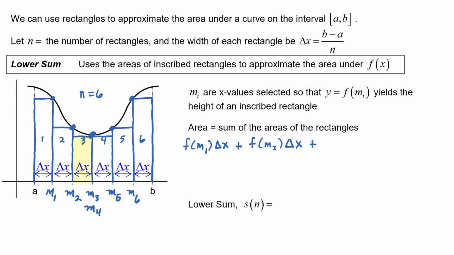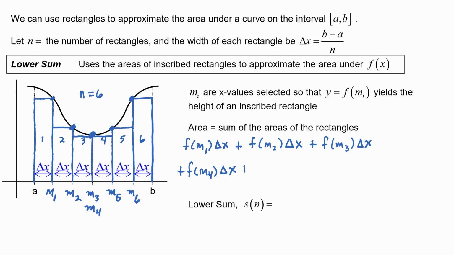plus, for region 3, the area of this rectangle will be f of m3 times delta x, plus, for region 4, that height will be f of m4 delta x.